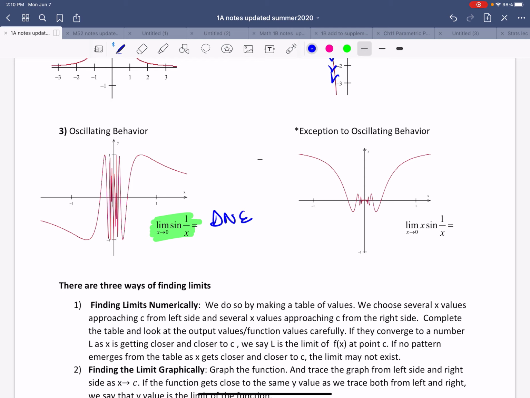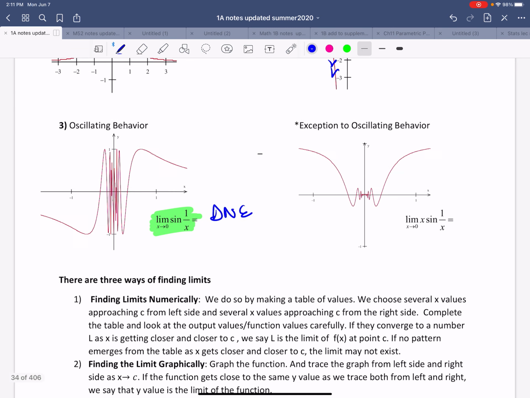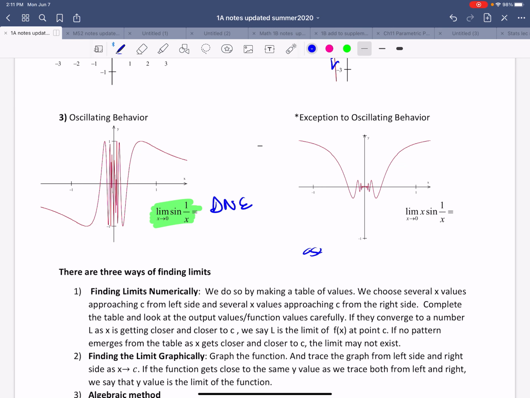Next one, this one is interesting. It's oscillating, but the oscillations are getting smaller and smaller as I'm approaching zero. Because the oscillations are getting smaller and smaller, my limit would be zero.